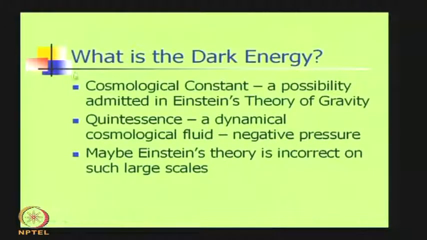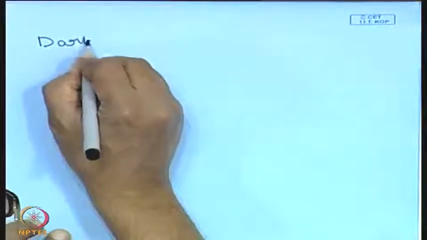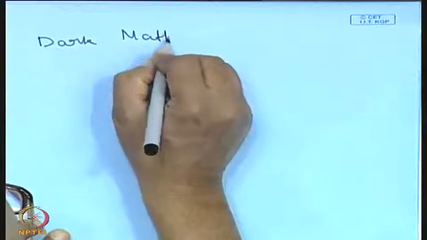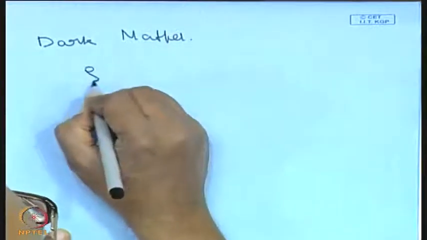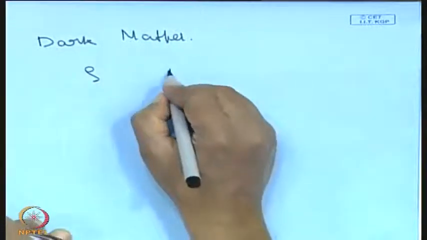Now, this has been given the name dark energy. Again, this is something you do not see. Dark matter is something which has density which you do not see, and pressure is 0.